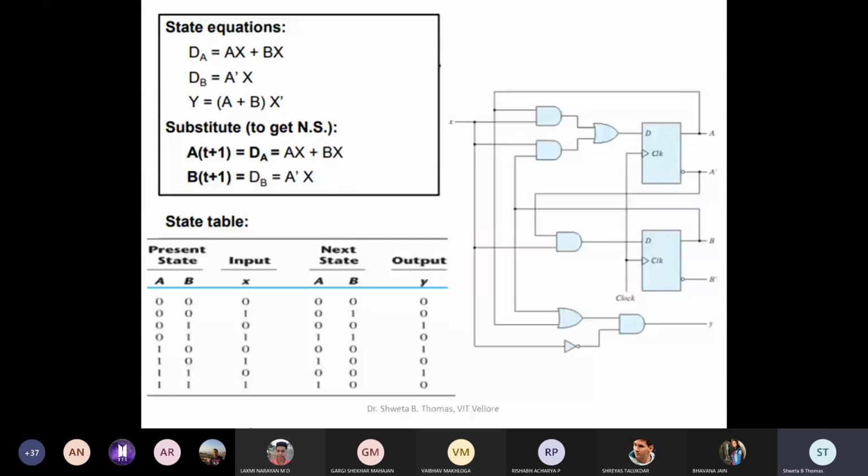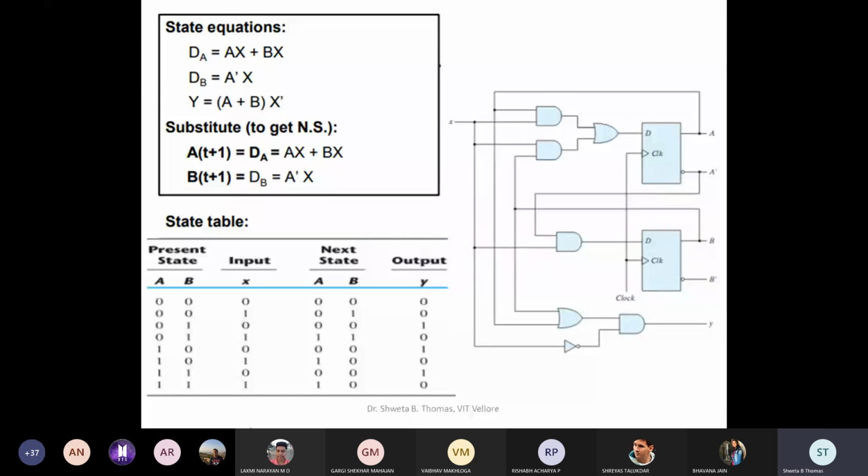Just carefully see how we are drawing the state table. Now, this is the present state. Since we have two flip-flops, we will have the combinations in the present state: 0, 0, 0, 1, 1, 0, 1, 1.